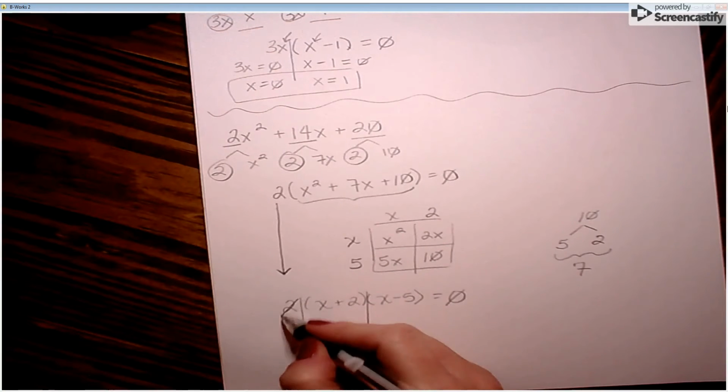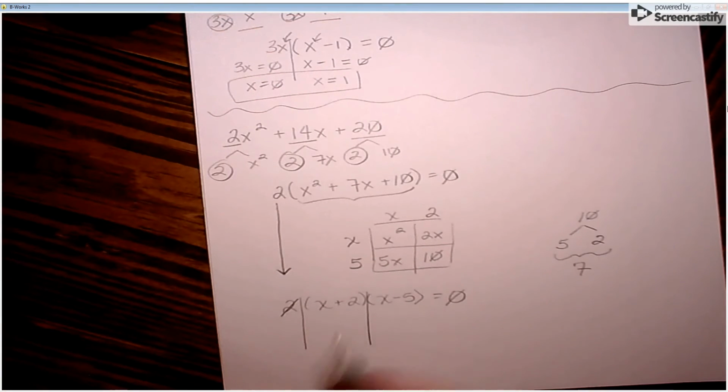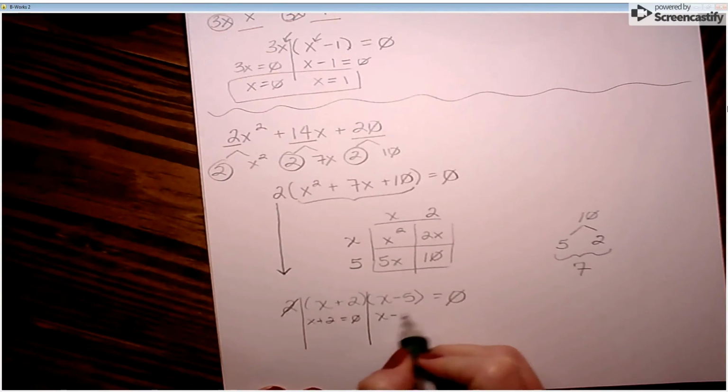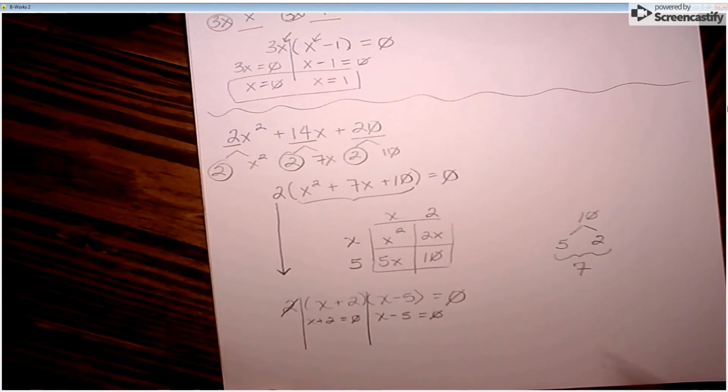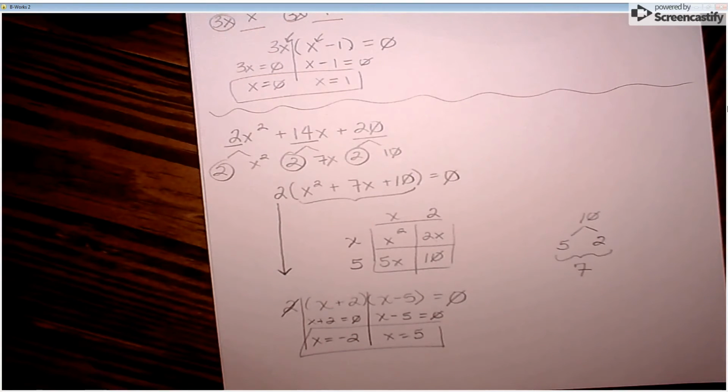So this 2 is out of the ballgame. I'm only dealing with x plus 2 and figuring out how that could potentially be 0, and x plus 5 and figuring out how that could be 0. My only opportunity here is if x was equal to negative 2. Similarly here, it could only be if x was negative 5, and those are my 2 roots.